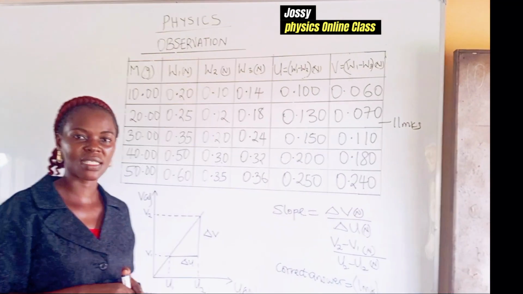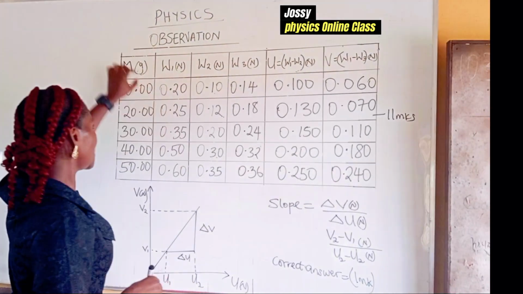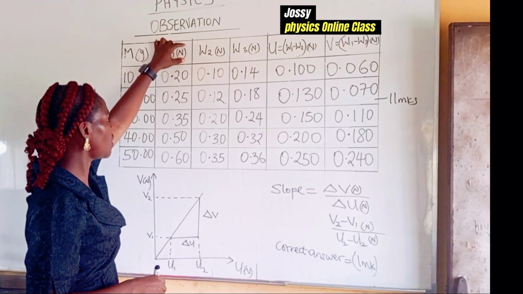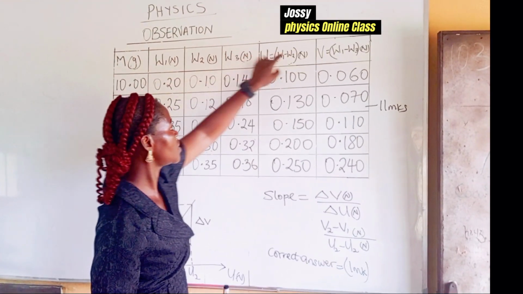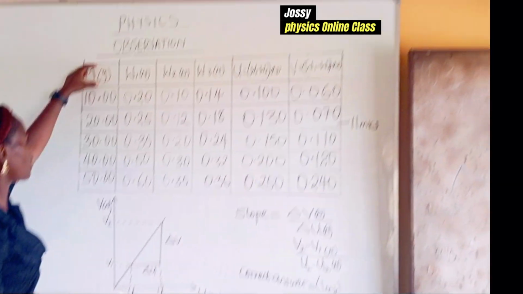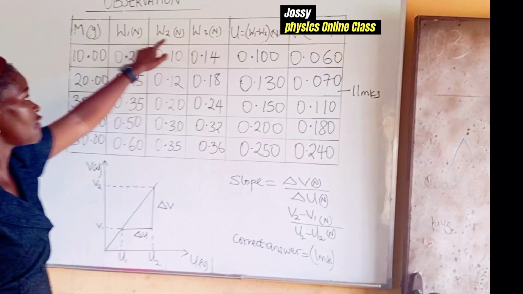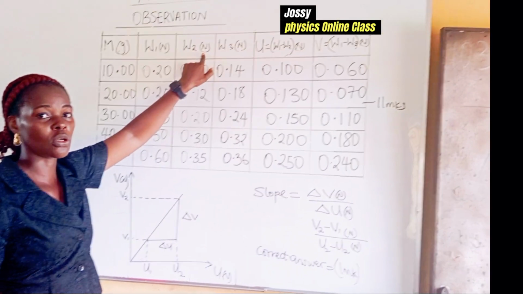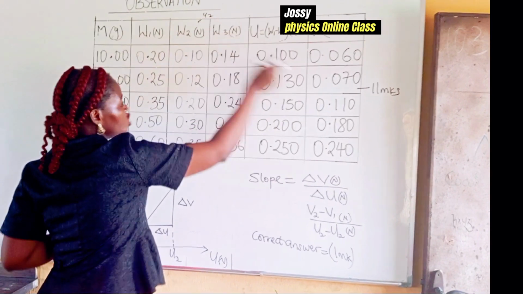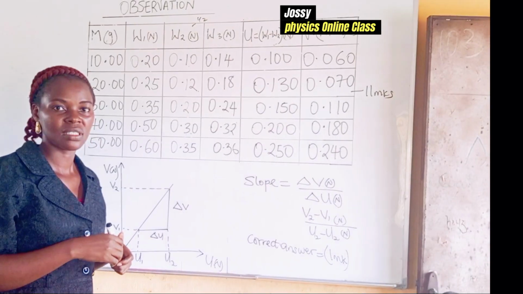This 11 marks is for people that have noted their units for mass, which is gram, and units of weight, which is newtons. Peradventure, you wrote this for grams, then this one newton, and you forgot to write this one newton. What will happen? They are going to deduct half a mark from what you already have.